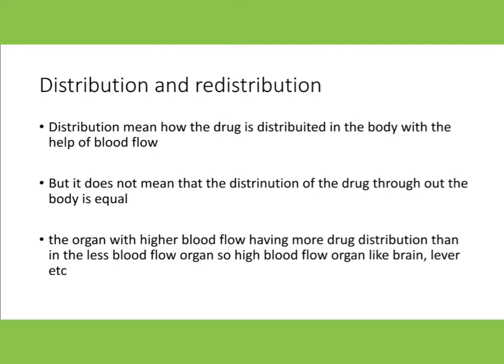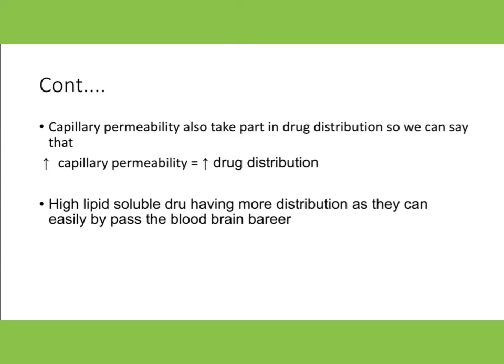Adipose tissues and such parts have lesser blood supply compared with the brain. So if there is higher blood flow, there will be more drug distribution, and if there is low blood flow, there will be low distribution. The organ with higher blood flow has more drug distribution than a less blood flow organ, as I already said. Another thing is capillary permeability, how permeable the capillaries are.